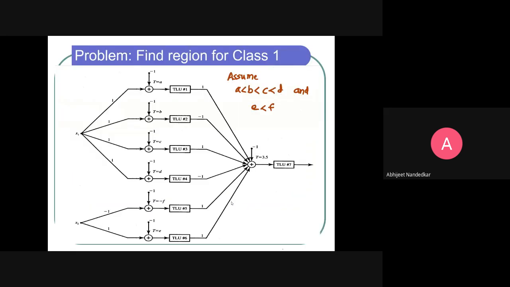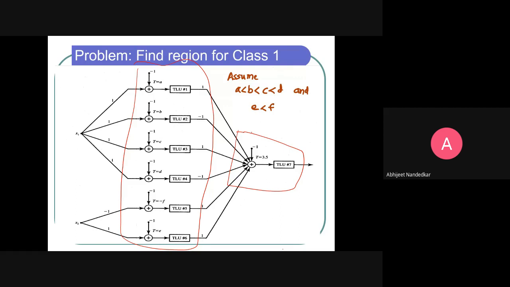So before I start the actual course related to multi-layer, we will have a problem on a two-layer network. See this network, there are two layers. Say this is layer 1 and this is layer 2 with only one neuron.